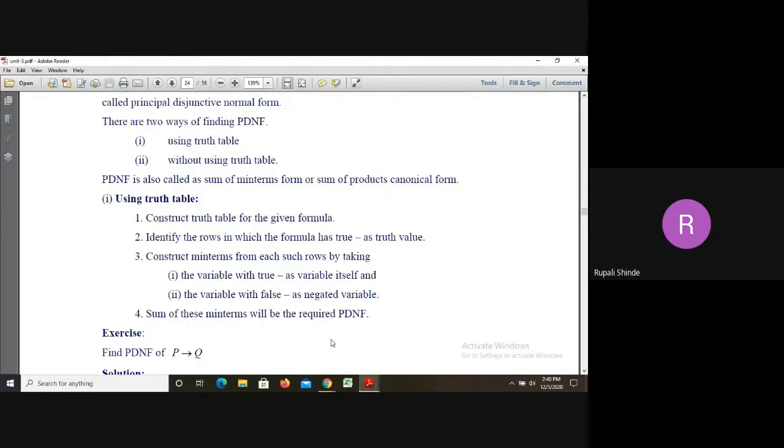Either T or F. F. And for that F, what is the truth value combination?